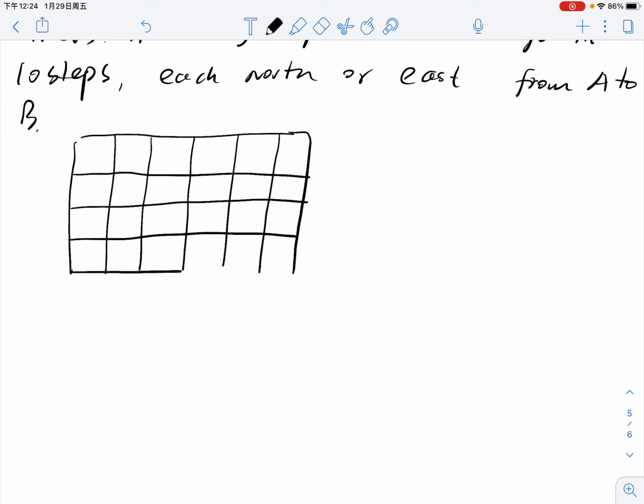We can go from A to B, and each time you go either north or east. That means you cannot turn back. It's always in the direction of B.